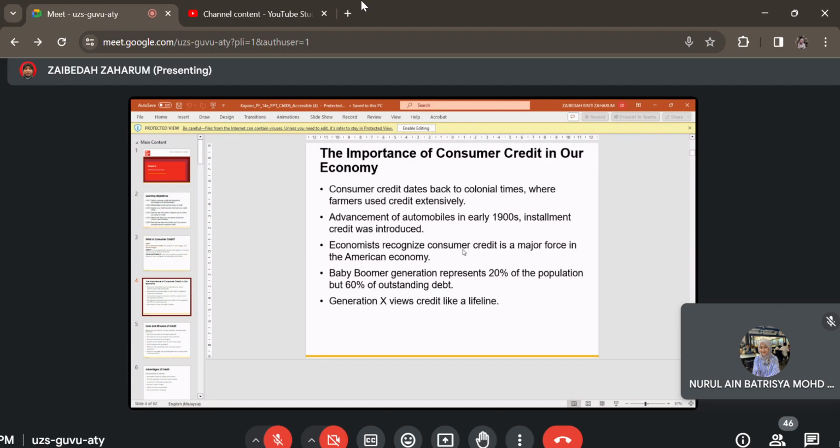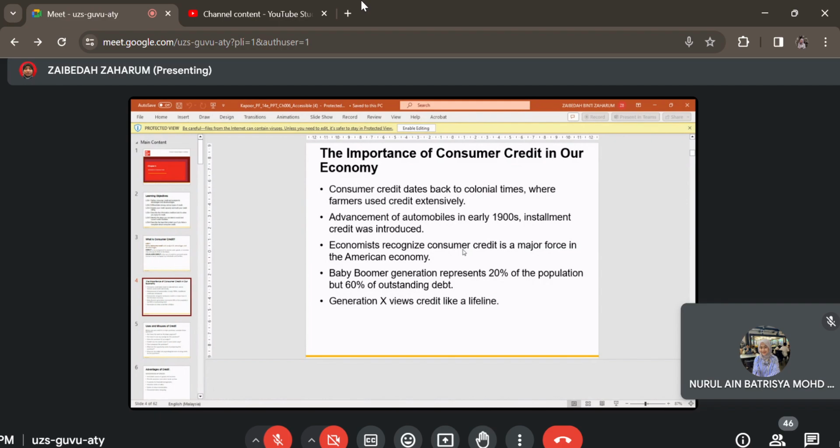Economists recognize consumer credit is a major force in the American economy. Baby boomer generation represent 20% of the population, but 60% of outstanding debt. Generation X views credit like a lifeline, lifeline lah untuk dianggap kredit ni sebagai penyambung hayat dia, for the generation X lah.